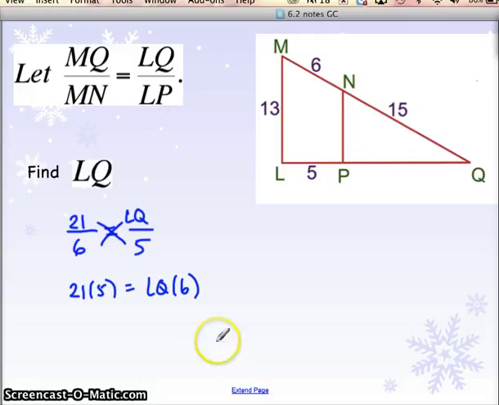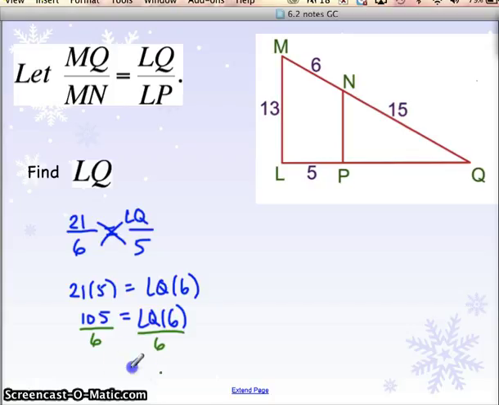Before I divide, I want to know what 21 times 5 is. 21 times 5 is 105. So we have 105 equals LQ times 6. Okay, now I want to divide by 6. So I get LQ alone.